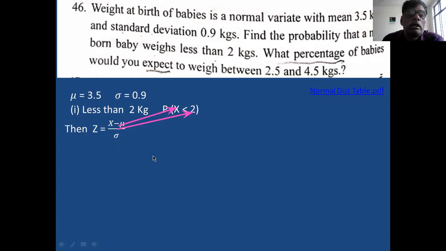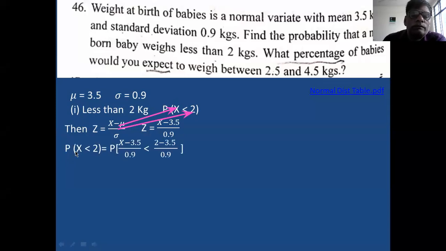Then your solution is probability of (X minus 3.5) divided by 0.9, which is the standard normal variate value. If you write the equation, probability of X is less than 2, under that, in place of X, you write X minus 3.5 divided by 0.9.